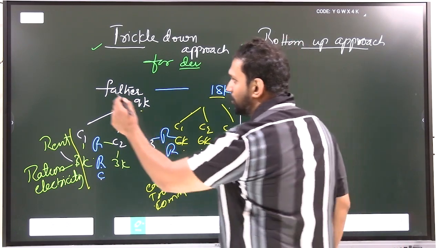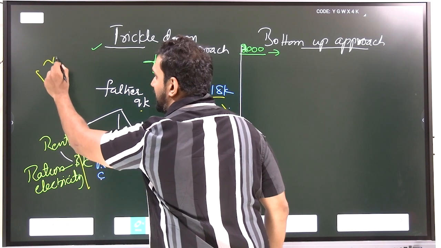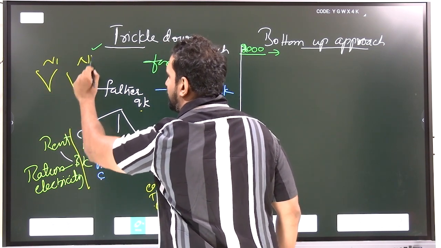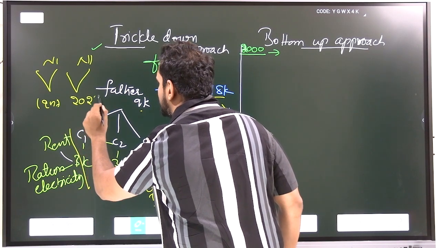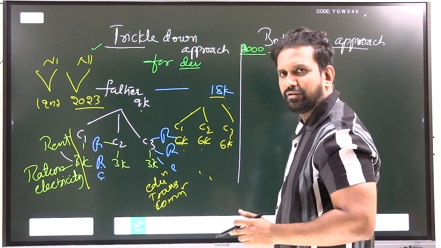In India, what happened? Though our national income increased, GDP increased from 1947 till today. Our GDP has increased a lot, right or wrong? We became 3.1 trillion.